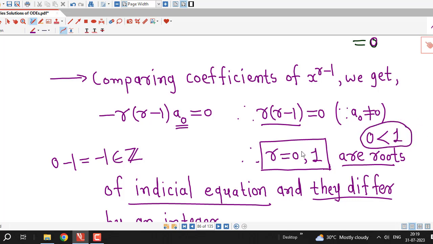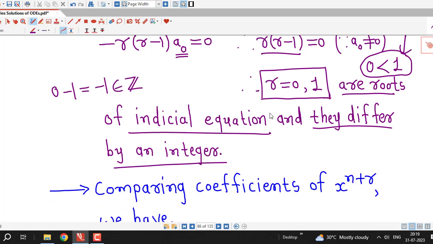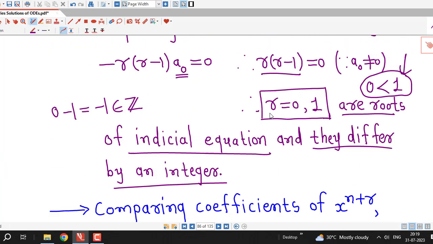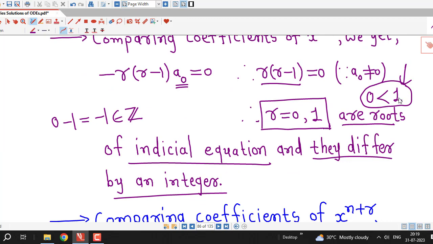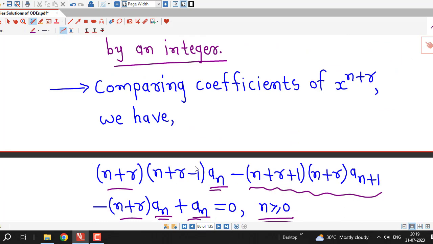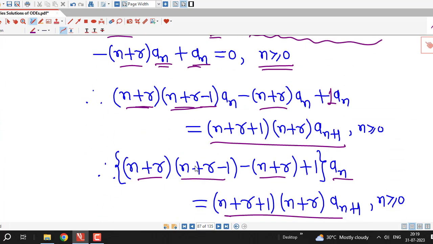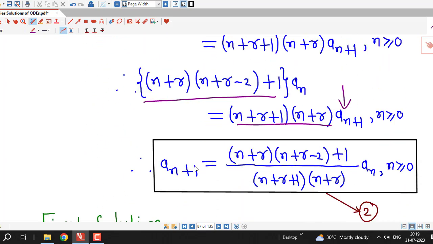So 1 is the larger root of the indicial equation, and remember in this case we will find the first solution corresponding to the larger root of the indicial equation. So now we consider r equal to 1, and using r equal to 1 we obtain the first solution of the given equation.